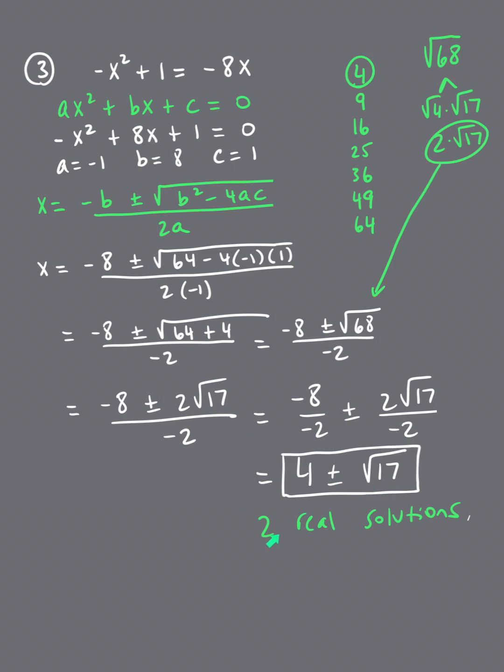But we can see that we still have 2 real solutions because our discriminant, which is 68, if we just did this equation here with b squared minus 4ac, we would have gotten 68. So that number is still greater than 0, which tells us that we have 2 real solutions. Let's look at another example.